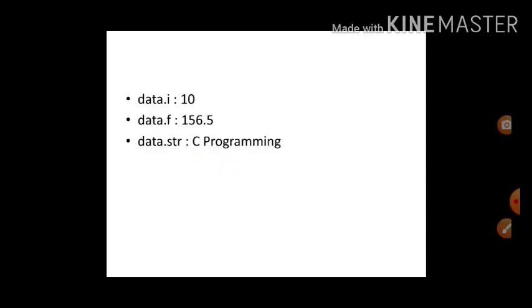First, it will show data.i is 10. Then in our program, we read the value to the floating point and then printed it. So data.f is 156.5, and then we stored C programming into variable str, and then printing it, data.str equal to C programming. This will be the output of the program we have just seen.